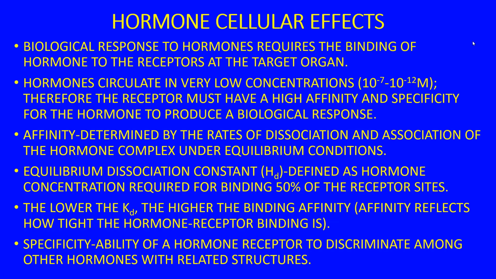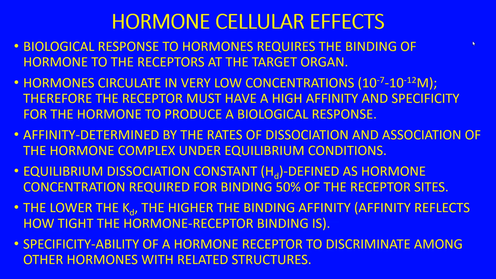We have what we call an equilibrium dissociation constant, HD. This is defined as the hormone concentration required for binding of 50% of the receptor sites. Now, here's the key point. The lower the KD, it shouldn't be KD, it should be HD, I'm sorry. The lower the HD, the higher the binding affinity.